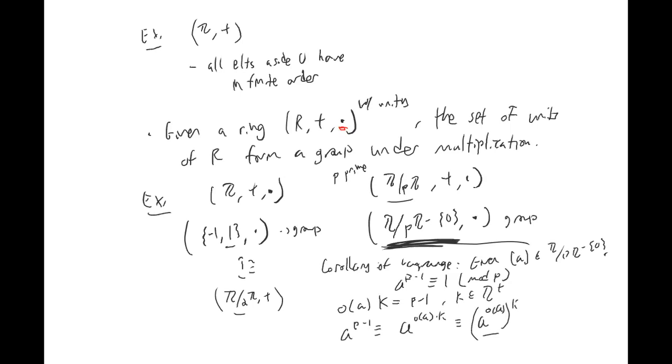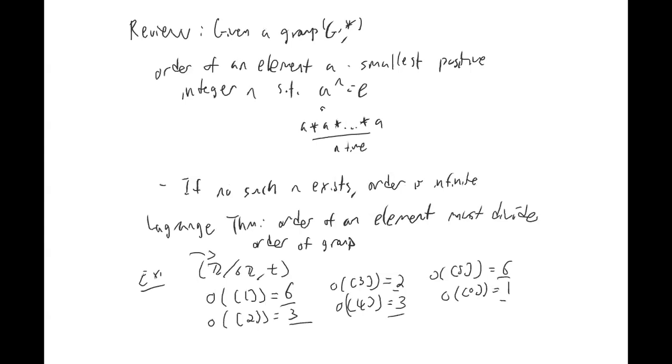But what's a to the order of a? By definition of order, what is it? Recall the order of an element a is the smallest positive integer such that the power is the identity, right?